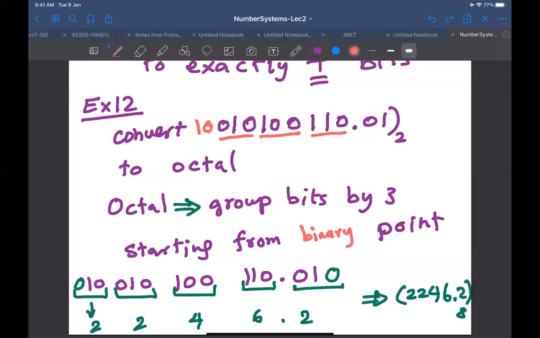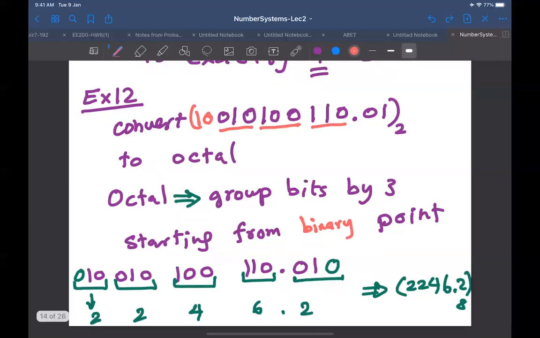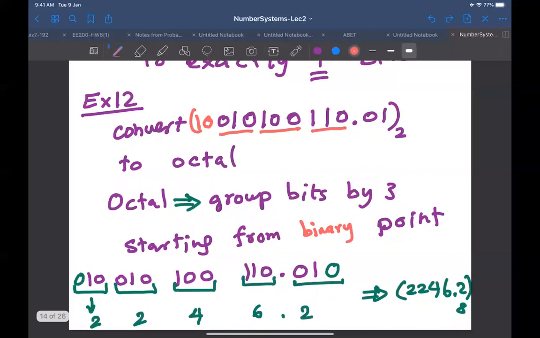All right. So now every group corresponds to a digit. This one here, 010, is a 2, right? You may ask me, how do I know? Because I memorized the first 15 binary numbers.